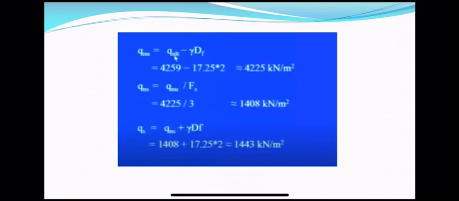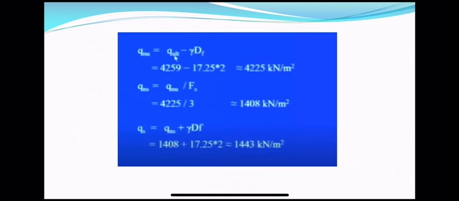Now we can find out the net safe bearing capacity if we know the net ultimate bearing capacity, by dividing it by the factor of safety, which here is equal to 3. So 4225 divided by 3 becomes equal to 1408 kilonewton per meter square.